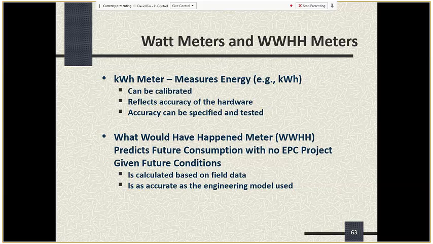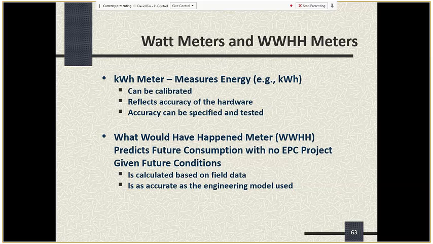You would have to calculate that based on field data, because you actually did a project. So you don't have what would have happened if you hadn't done a project. You have to extrapolate and see what the utility consumption would be if we did no project. Well, that would depend on the loads on the facilities and the set points and the schedules and the operation and maintenance and a bunch of other variables.